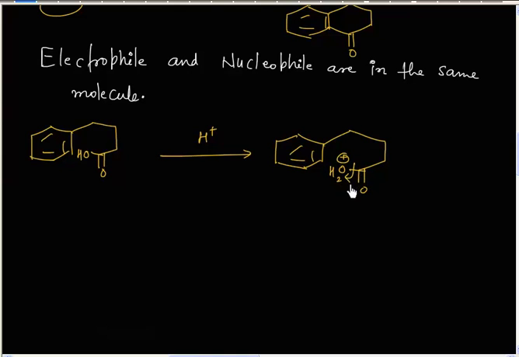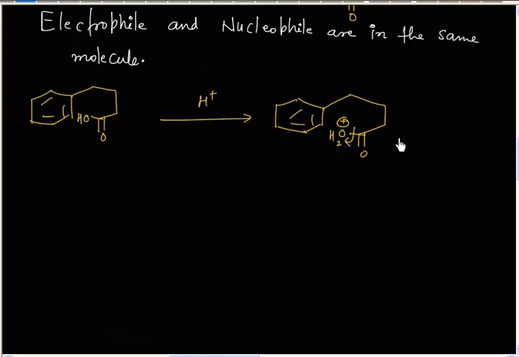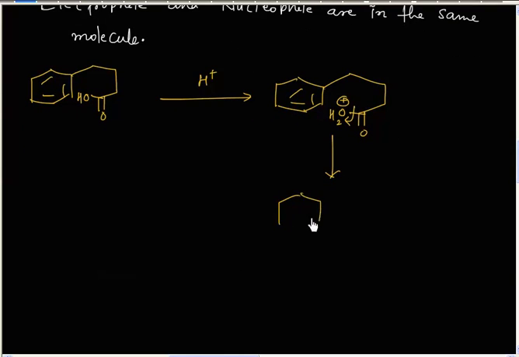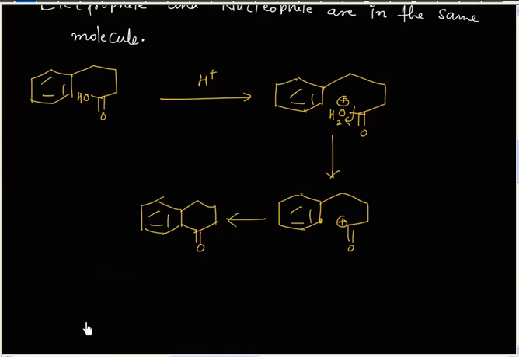In the next step we can lose one molecule of water, and that will generate an electrophile. Now this electrophile will attack this carbon. So finally we will have this product. This is again an intramolecular Friedel-Crafts acylation reaction.